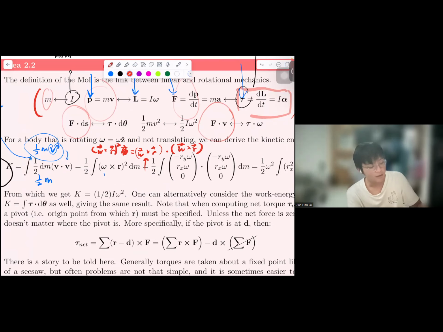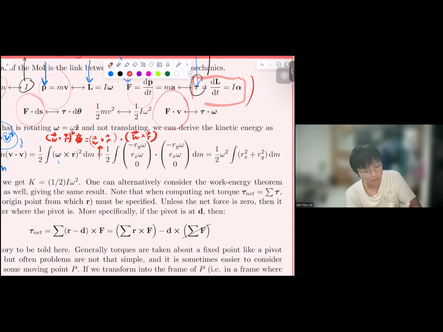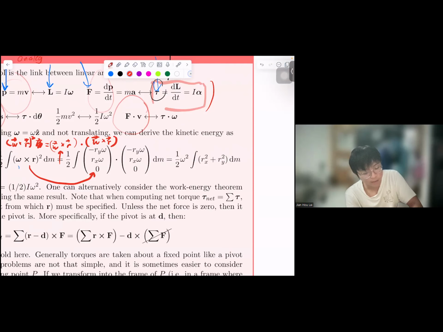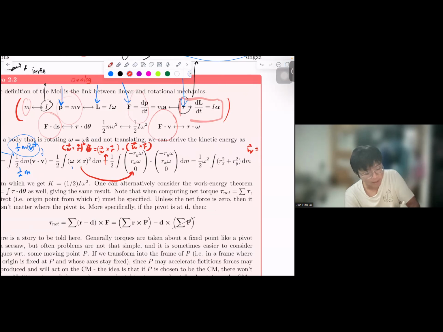Going through the vector cross product, omega will be omega x, omega y, omega z, and R will be Rx, Ry, Rz. You write omega cross R in the proper way in determinant form. If you memorize the formula, just proceed with it. What I memorize is the determinant of this object. So we can get this now.